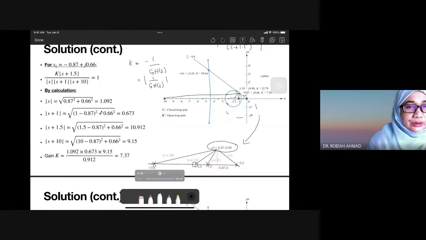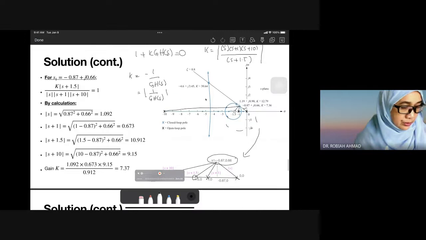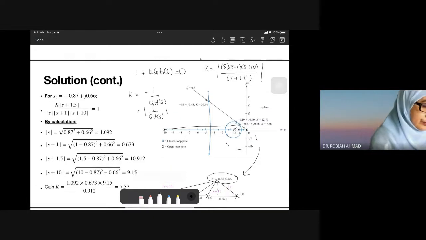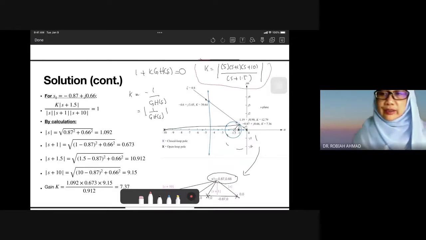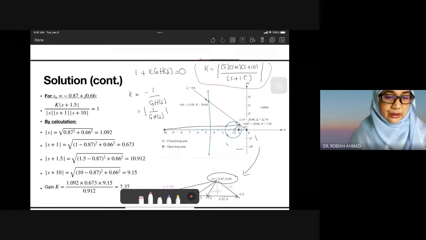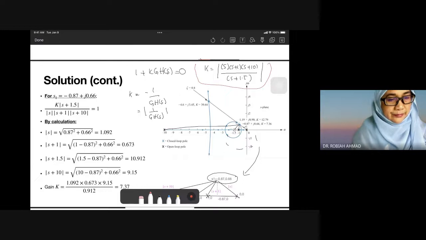And then we put the values into our K formula, which is all the distances of the poles divided by the distance of the zeros. Mana value saya lain ni?